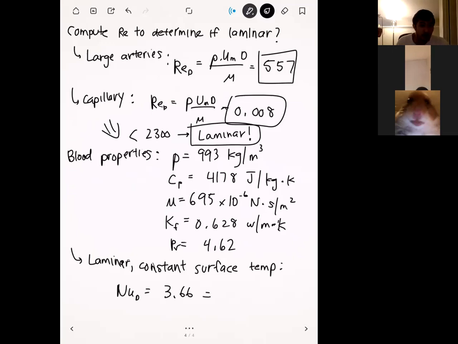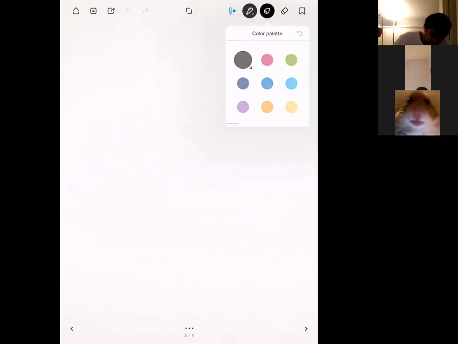And this is equal to h times D divided by k_f, right? So we can set up this equation for both the large artery and the capillary and use that to solve for h, okay? Any questions on this? All right, so let's solve for h under both conditions.